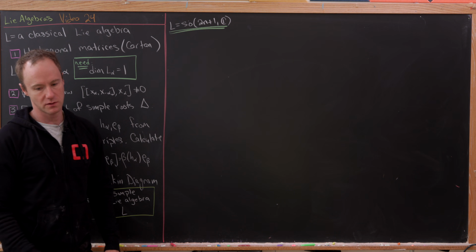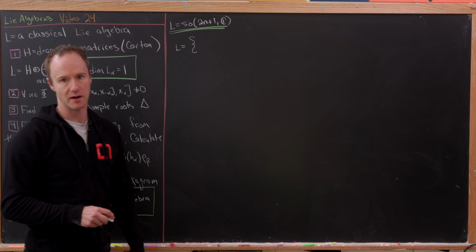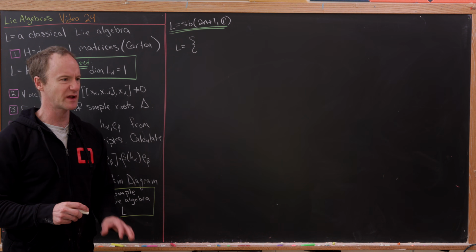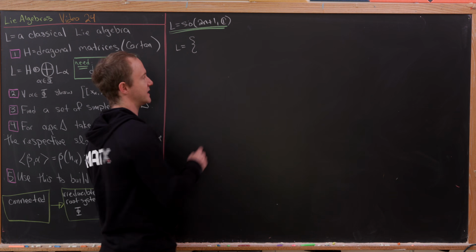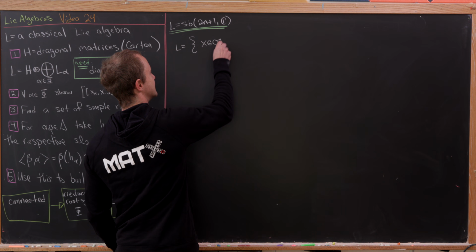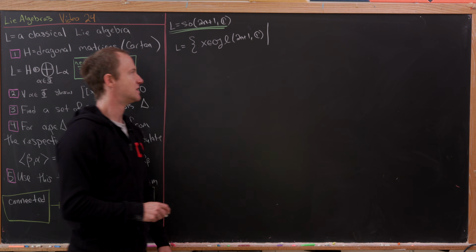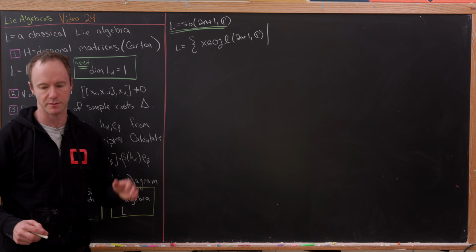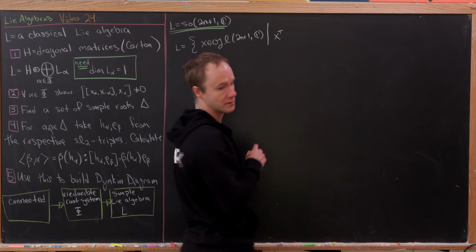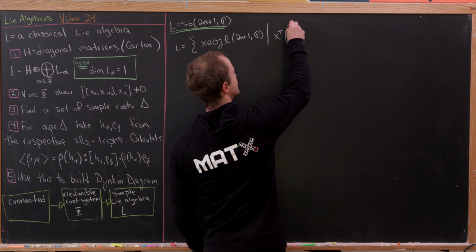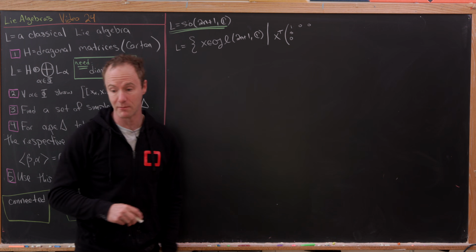SO(2n+1). So let's maybe start by noticing that L has the following definition, but it really follows from the fact that it's the Lie algebra for a certain Lie group. It's going to be all matrices X in GL(2n+1, C). Those are going to be 2n+1 by 2n+1 matrices, and it satisfies the following rule. X transpose times this matrix, which has a 1 up here, that's the number 1.